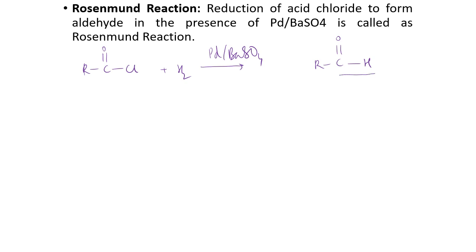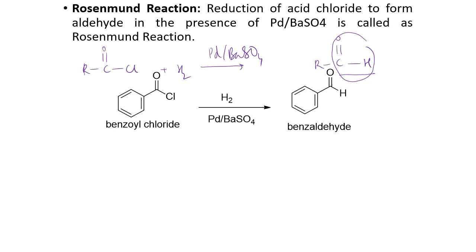So what we get as the end product is an aldehyde functionality. So this is a method of preparation of aldehyde, and it is a named reaction. It is known as the Rosenmund reaction. We will have this example here where benzoyl chloride is used, aromatic ring COCl, hydrogen, barium sulfate, palladium, and what you get is this replacement of Cl by hydrogen here.